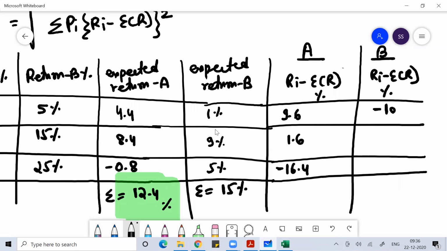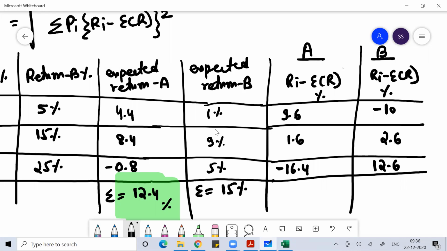Then 15 minus 15 is 0... then it is 2.6, 25 minus 12.4, so then it is 12.6. Correct, no? 25 minus 12 is how much? 13, no? So 12.6.